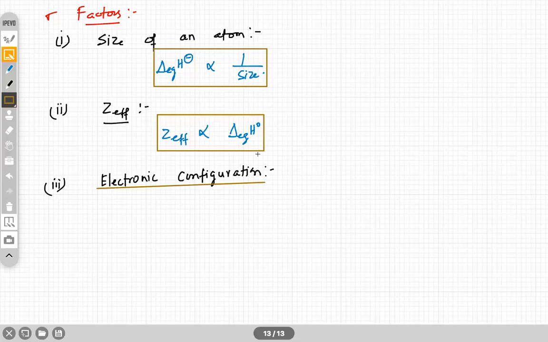Write down the next one. These are the three factors we have. You must keep this in mind.